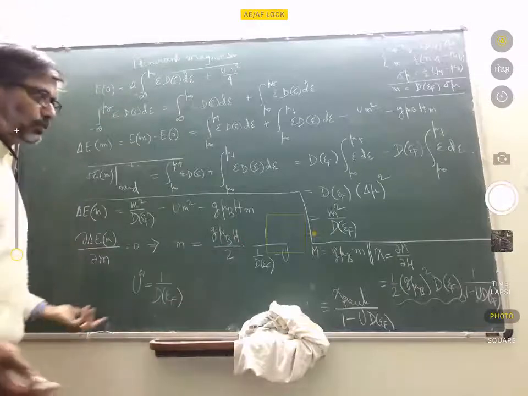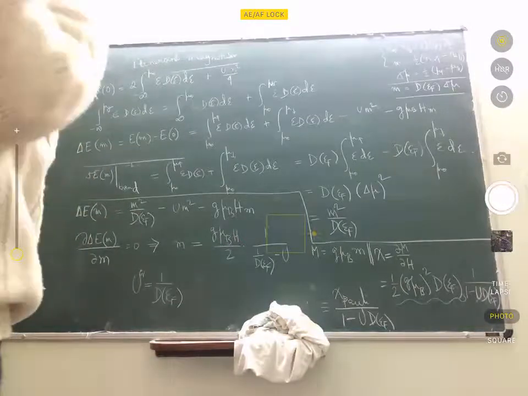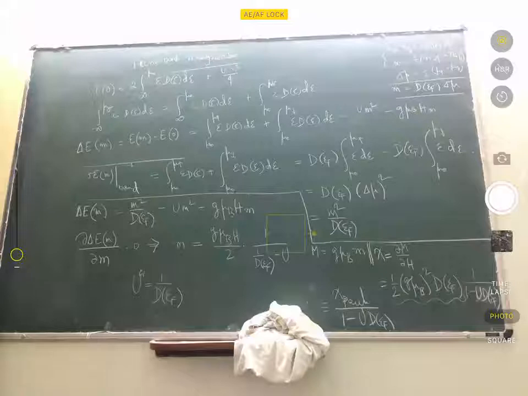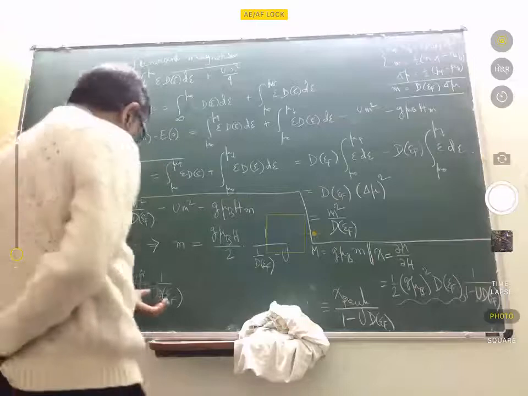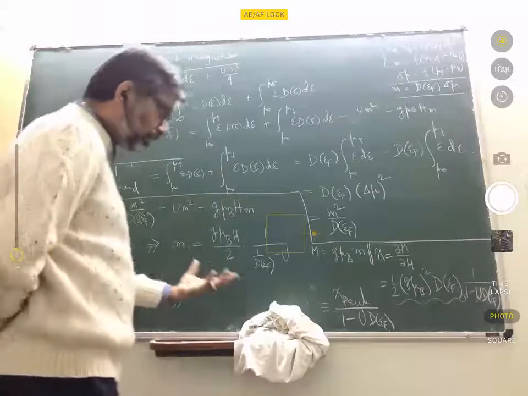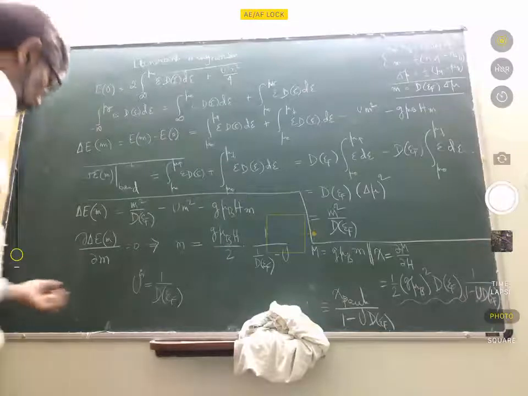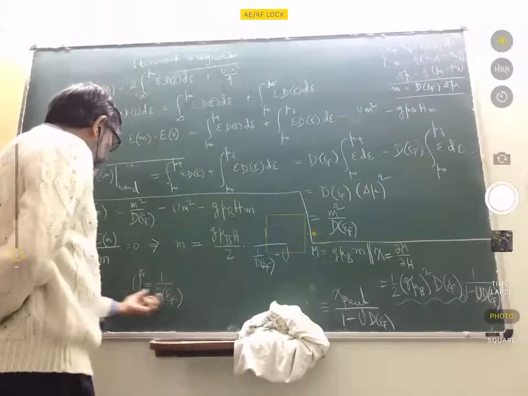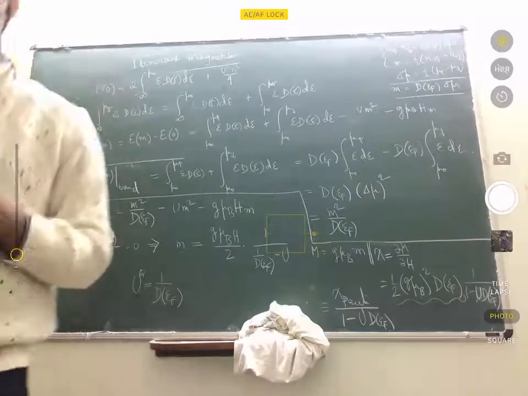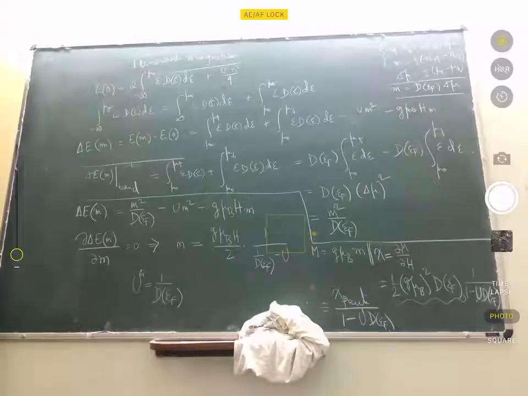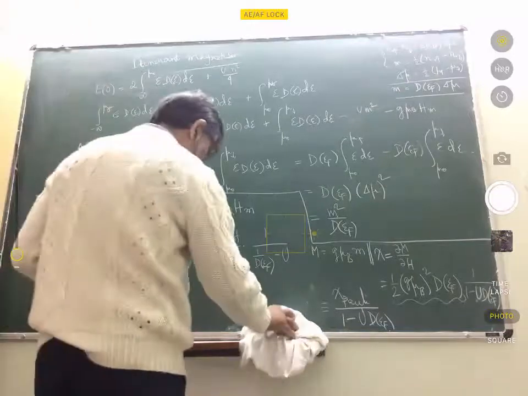I have a certain U, and I'm asking what is the density of states at the Fermi energy. Now, if the density of states at the Fermi energy becomes large enough so that U d epsilon f is equal to 1, then I have an instability in the system. It would prefer to be a ferromagnet. In fact, that is exactly the sort of situation.